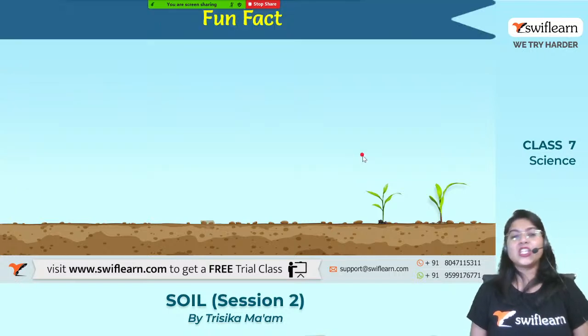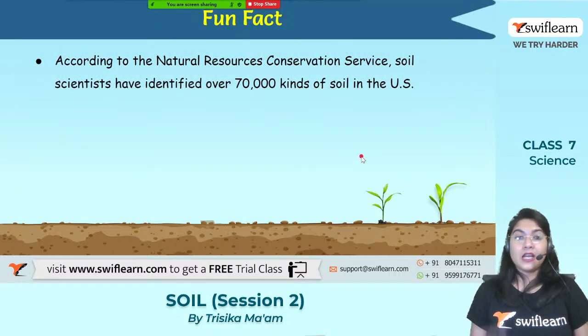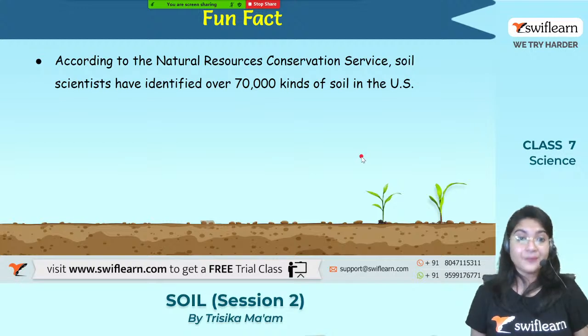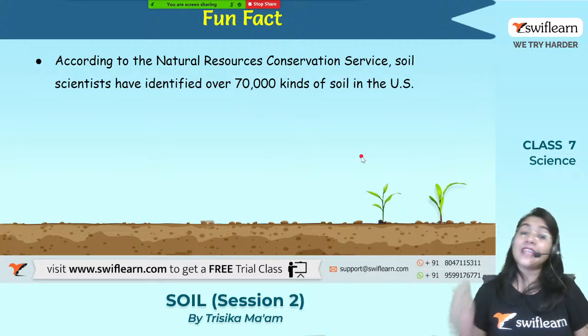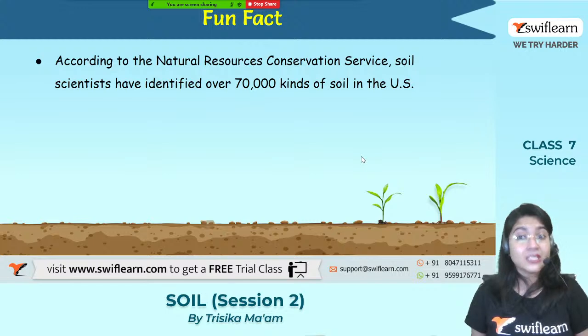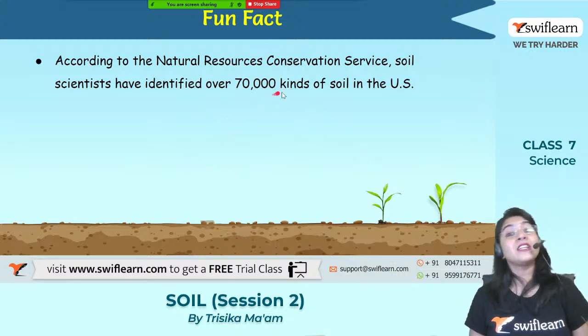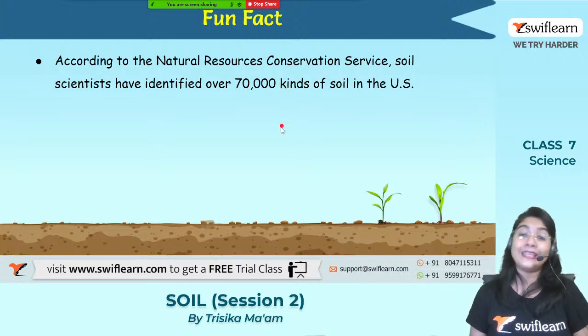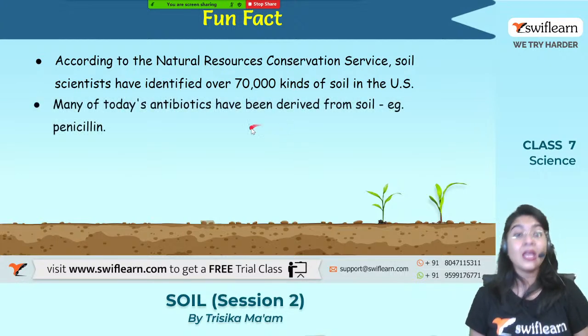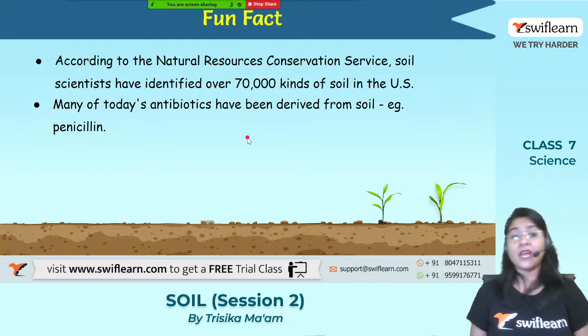Fine. Chalo. Now let us find out some of the fun facts. So it says that according to the Natural Resources Conservation Service, soil scientists have identified over 70,000 kinds of soil in the US. Okay, and many of today's antibiotics have been derived from soil. For example, penicillin.